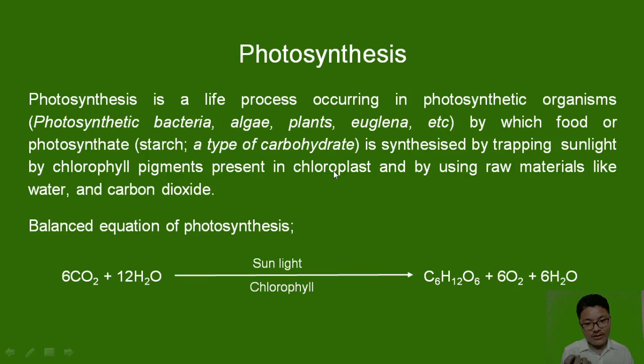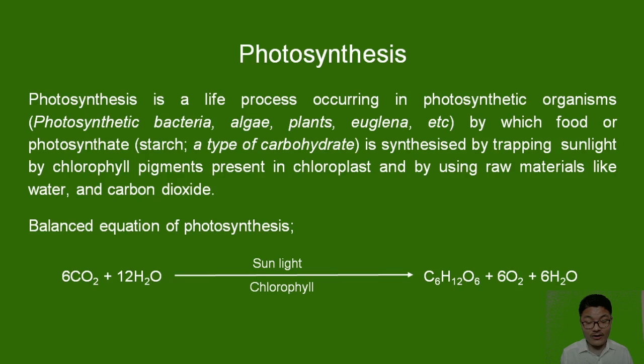So raw materials required for photosynthesis are water and carbon dioxide. Now with this explanation, everything is clear about photosynthesis. Without photosynthesis, there is no survival of plants, there is no survival of other photosynthetic living organisms. Without them, we can't survive.